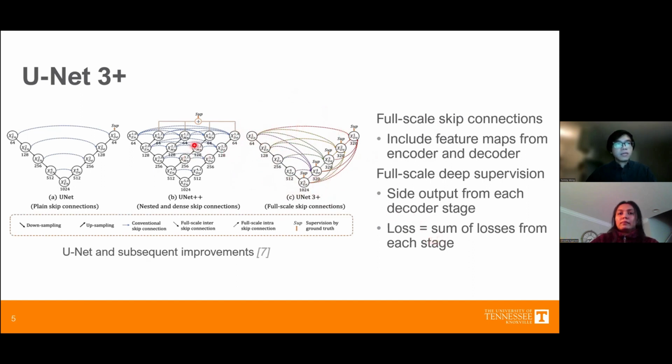As well, the UNet 3+ incorporates full-scale deep supervision learning. So what it means is that on the decoder side, each decoder block has a side output.